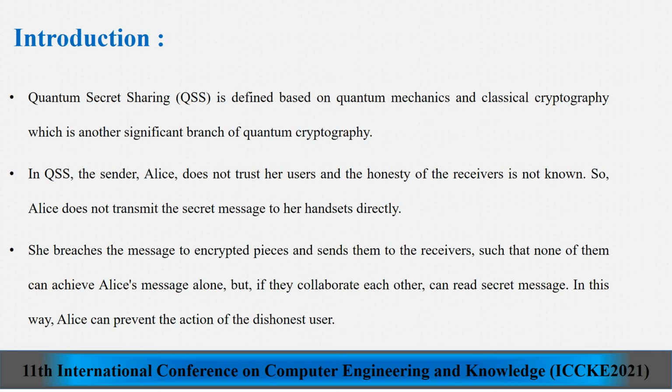She breaks the message into encrypted pieces and sends them to the receivers, such that none of them can achieve Alice's message alone. But if they collaborate with each other, they can read the secret message. In this way, Alice can prevent the action of a dishonest user.